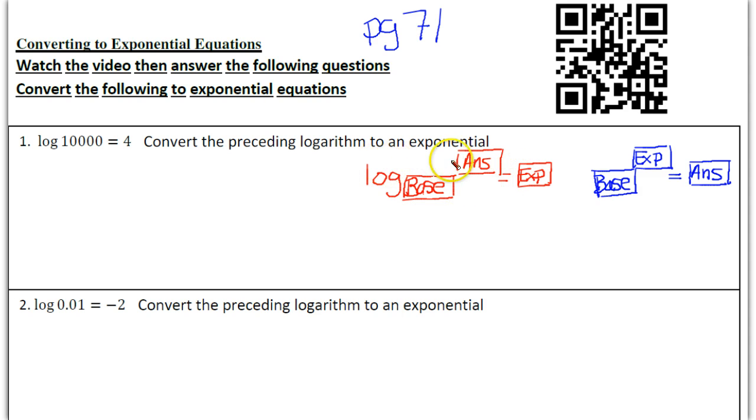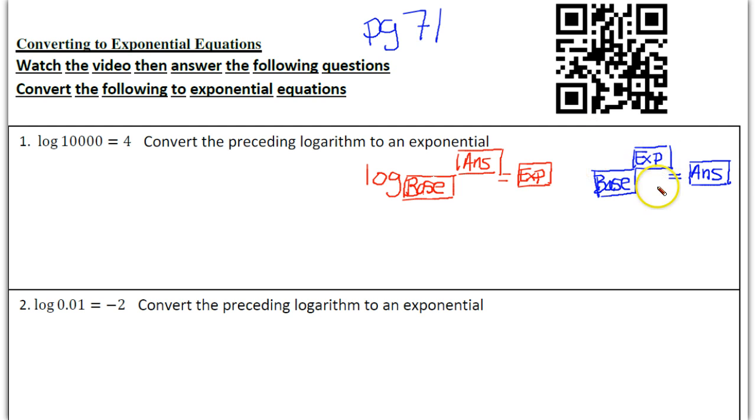And that is the general form of the logarithmic equation. It's log of base of an answer equals an exponent. And we'll see that here very shortly. We'll just want to give the background.